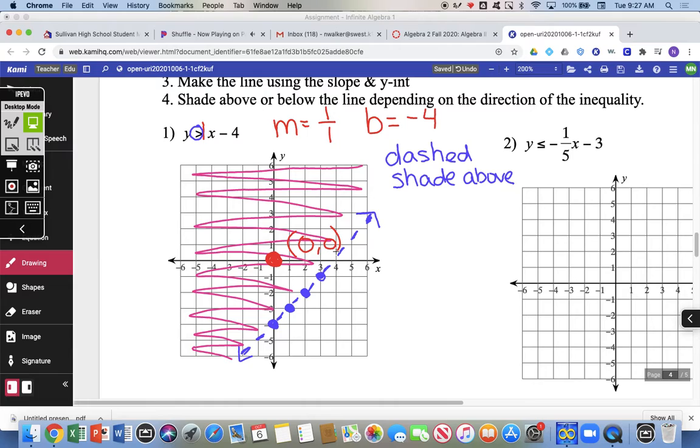Any coordinate that's in the shaded area, you can plug in the x coordinate for x and the y coordinate for y, and it'll give you a true statement. So in this case, y is 0, x is 0, and you ask yourself, is 0 greater than negative 4? And it is. So that is a way that you can check.